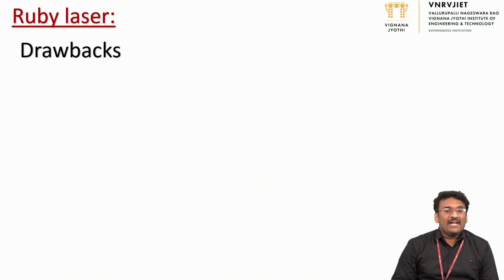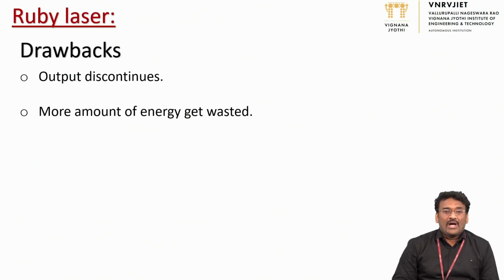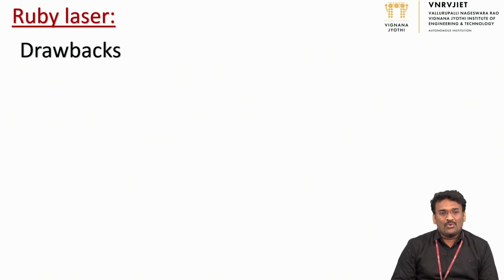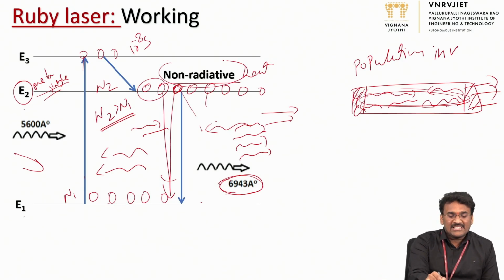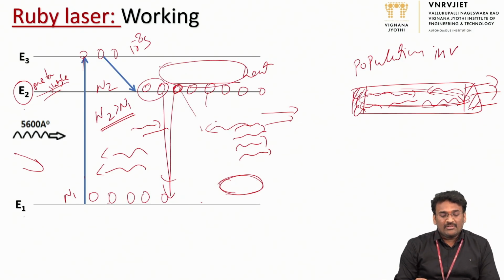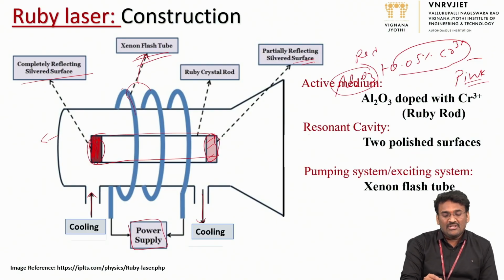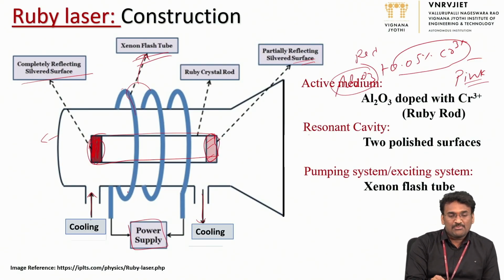Now let's see the drawbacks of this ruby laser. As I said, the output is discontinuous. We are not supplying the energy continuously, so obviously the output is discontinuous. Another drawback is that a large amount of energy gets wasted. How? I'm going back to the working. Here heat energy gets released, so in the construction we need a cooling arrangement for that de-excitation.